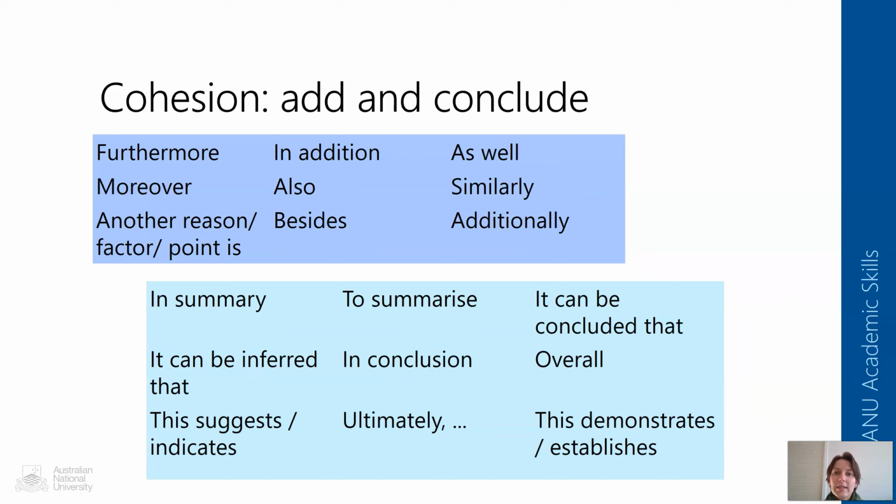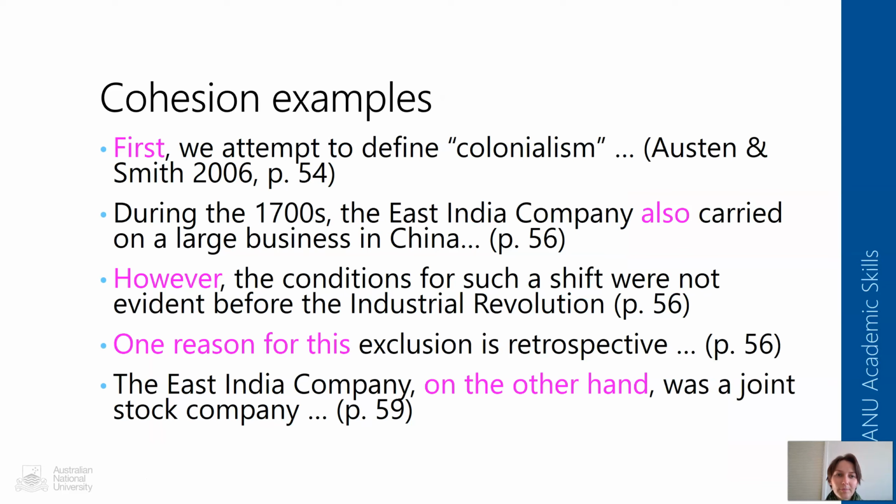And you can use these kinds of words to add information and to conclude your essay. So when you have a conclusion and you might think that the reader might be prepared for another paragraph, they might not be ready for the conclusion, have a think about using this kind of cohesive language to show that you're at the conclusion.